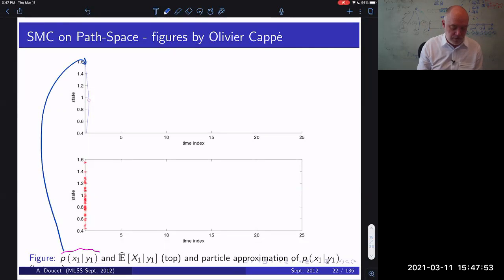So there's, if you orient it the other way, you can see this is a density on this is basically X space here. So state equals X. This is going to be X space. Okay. So this is P of X1 given Y1. And the SMC estimate of the filtering distribution, mean.